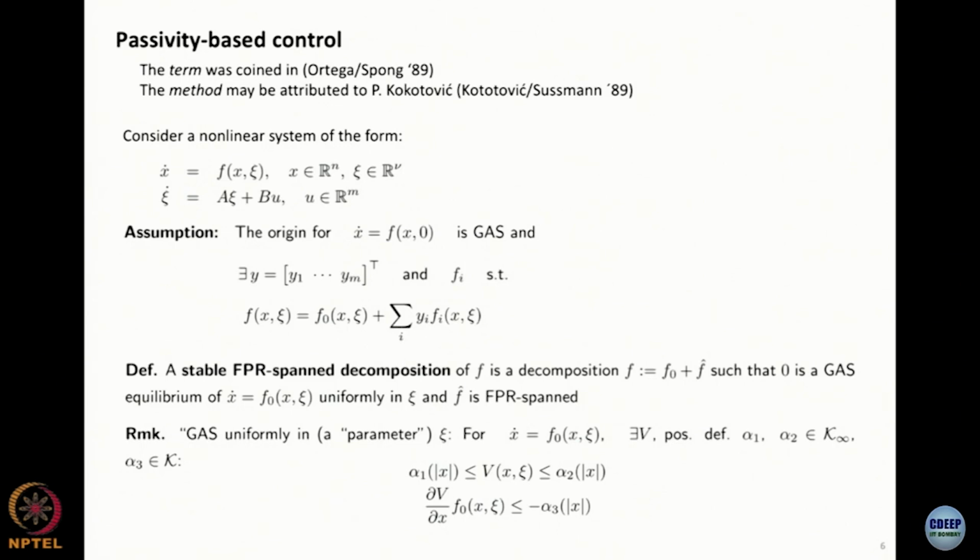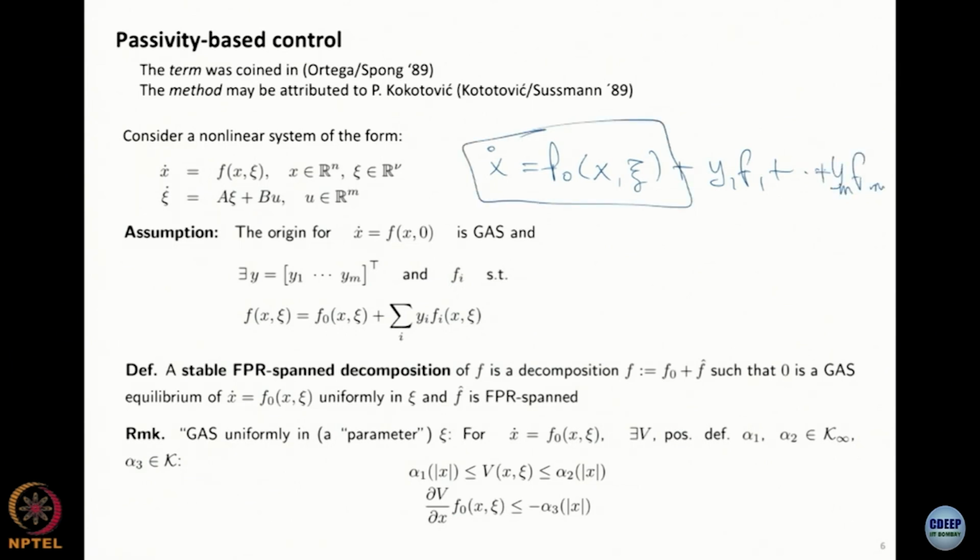Essentially, if you have that the first nonlinearity in f is globally asymptotically stable. Okay, so yeah, the origin for this system. Your system is x dot equals f0 of x and psi plus y1 f1 plus up to ym fm.